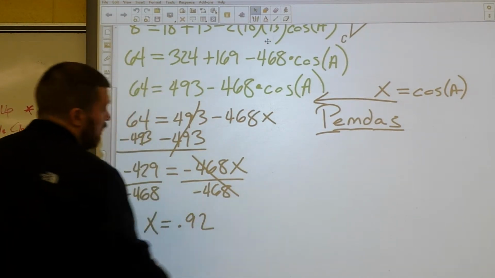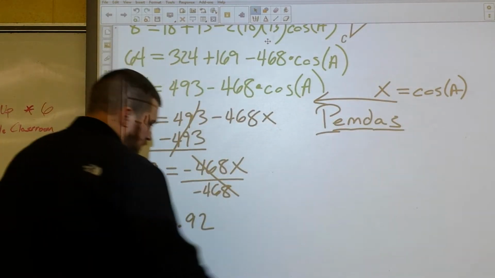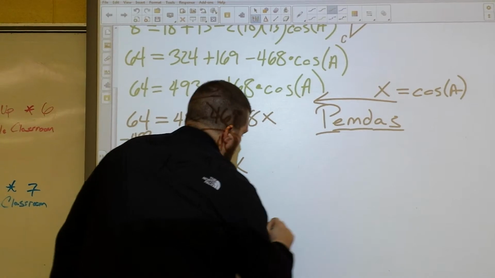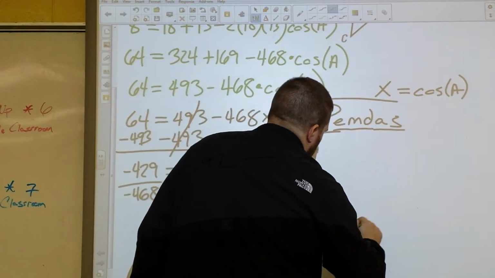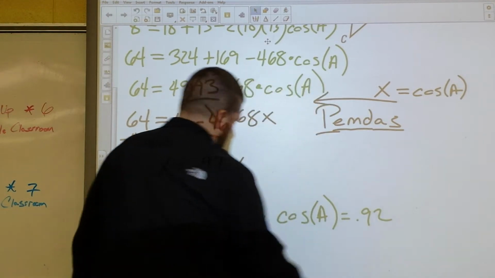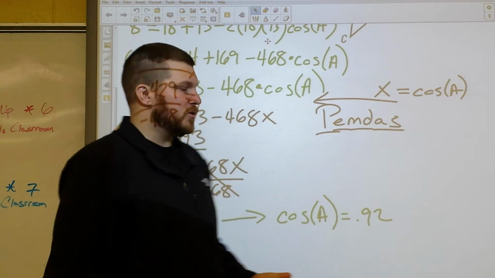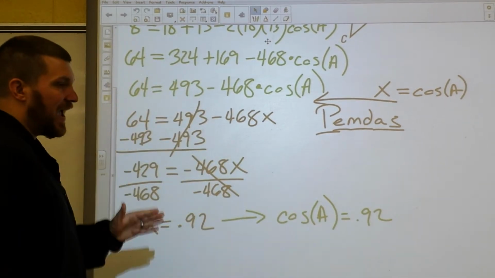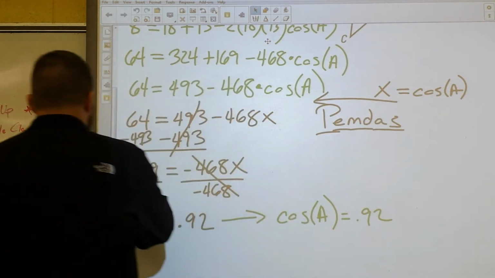And again, I'm rounding. But remember, I said that x is equal to the cosine of A. So really what I have is the cosine of angle A is equal to 0.92 if I round. Everywhere I see an x, I can replace it with cosine A. That's a trick that you can do if it helps you. I want to get angle A by itself, so I need to do inverse cosine on both sides.